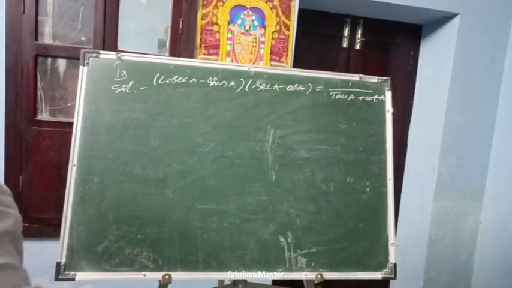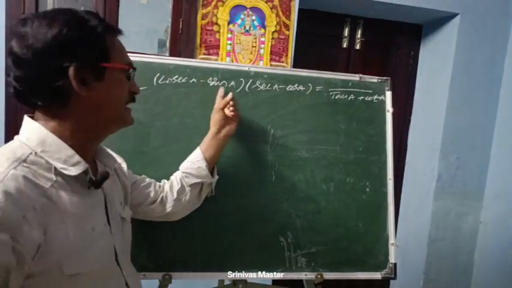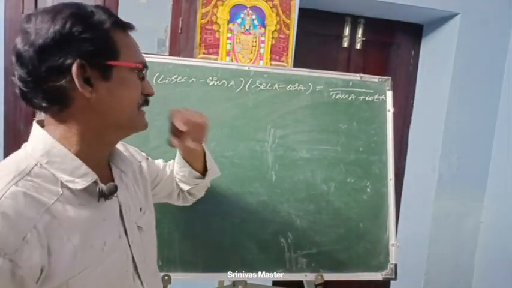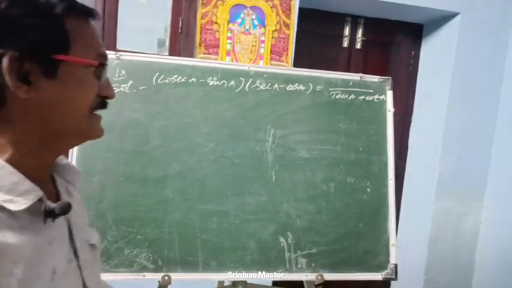See, now take this LHS. Cosec A minus sin A into sec A minus cos A is equal to 1 by tan A plus cot A.